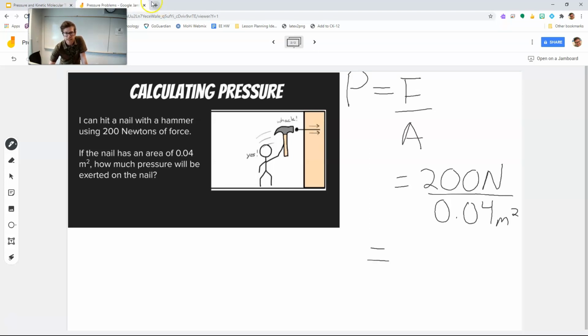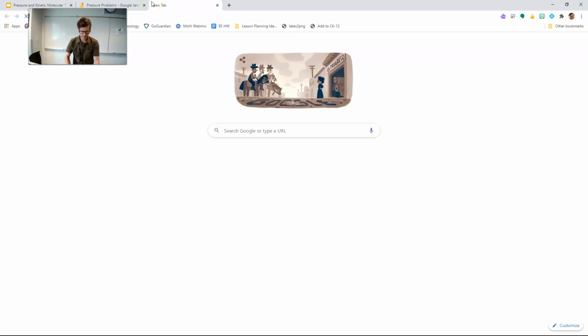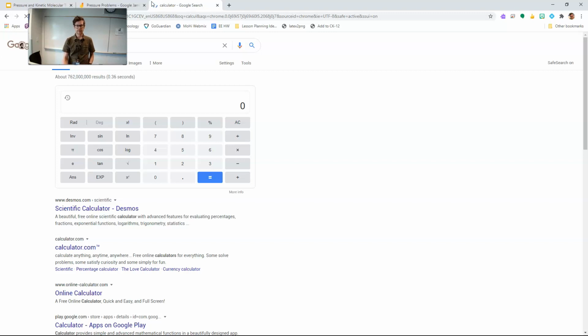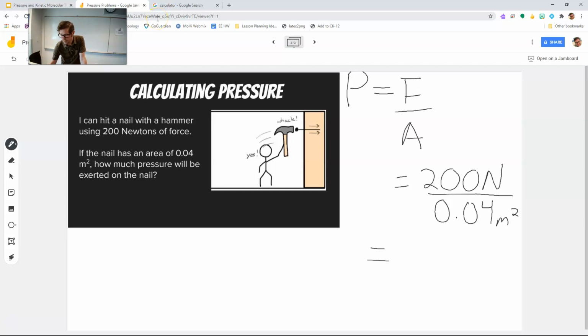Let's get ourselves a calculator. Remember, you can always just Google the word calculator, and you'll get a calculator. Look at that. So 200 divided by 0.04 is 5,000. There we go. So 5,000, there's 3 zeros, 5,000 newtons per square meter.